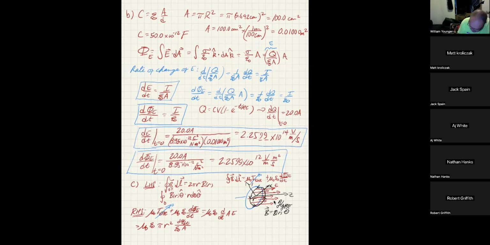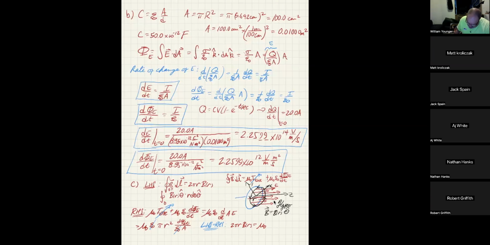I'm going to use some blue to break this monotony up. I'm going to get 2 pi r b of r is equal to mu 0. Notice, bare minimum, the epsilon zeros cancel out. I'm still thinking about what's going on with that A down there.